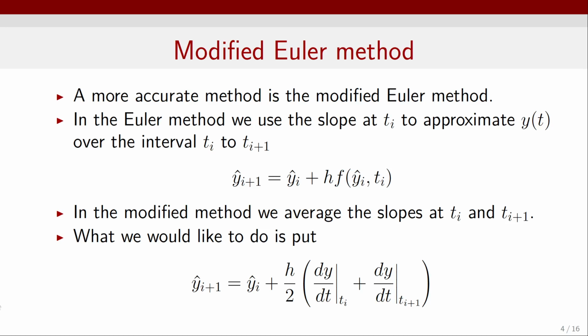A more accurate way to estimate the slope is the modified Euler method. In the modified Euler method, we use the average of the slopes at ti and ti plus 1. So that expression is symmetric.